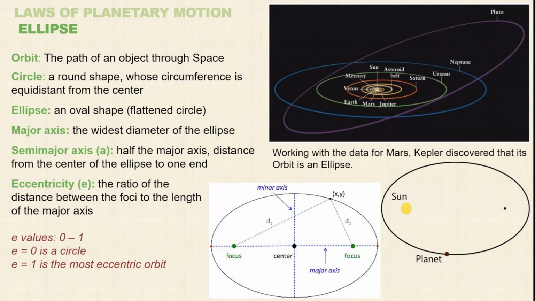If e equals 0, I have a perfect circle. Whenever eccentricity starts to go up from 0 to 1, and eccentricity can only have values between 0 and 1. If eccentricity is bigger than 1, the orbit opens up. It's no longer a closed orbit, it's a hyperbolic orbit.